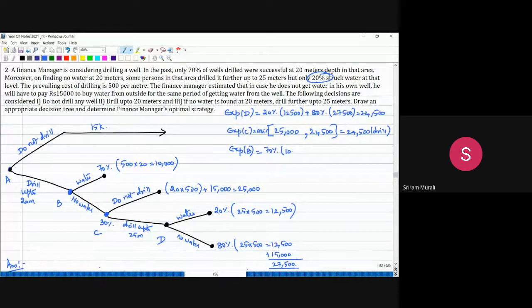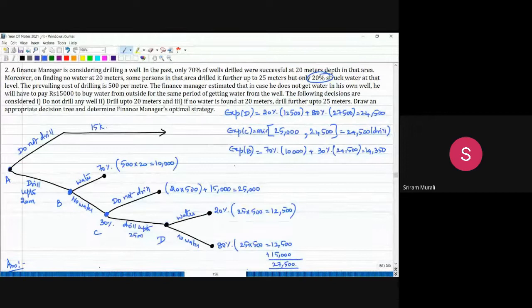Because as per the expected value, what is the loss? 30% I don't get water. What is the expense? Average expense. It is again 24,500 at C, because that is the minimum. So I get 14,350.